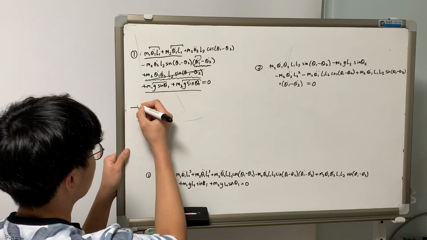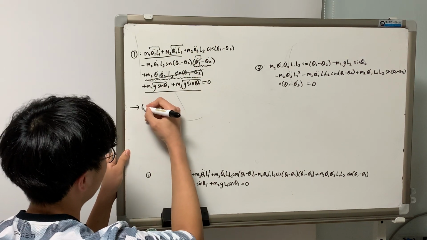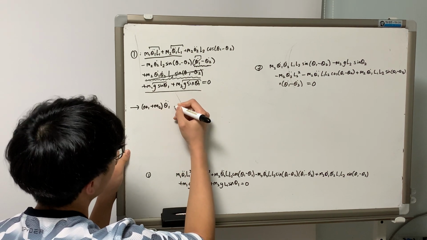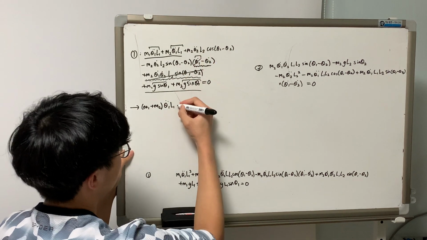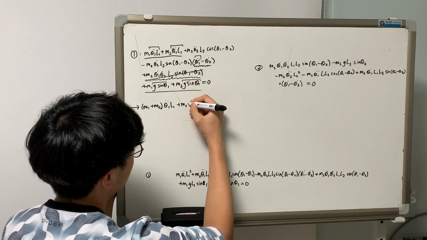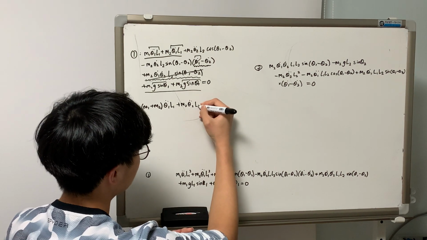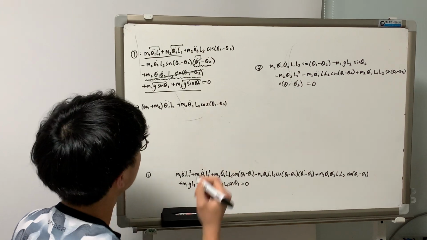And after we do that, when we wrap these by theta 1 dot dot L1, we're going to have M1 plus M2 of theta 1 dot dot L1. That's this here done. This we just leave as it is. So M2 theta 2 dot dot L2 cosine of theta 1 minus theta 2.